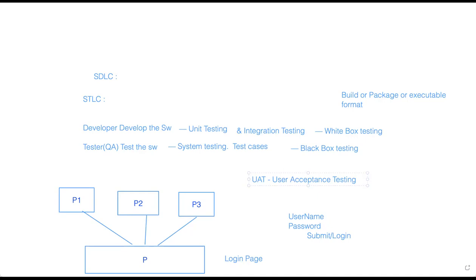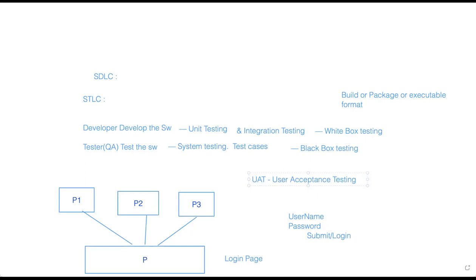UAT means customer environment, where the customers will perform the testing. Finally, the production or live environment: if during UAT testing we say it is bug free, then the customers will deploy or release it to the production environment.